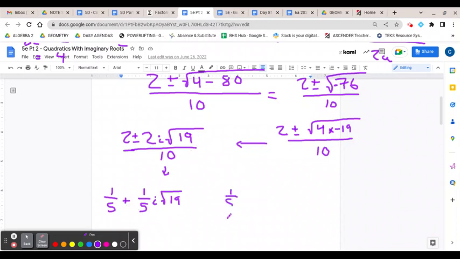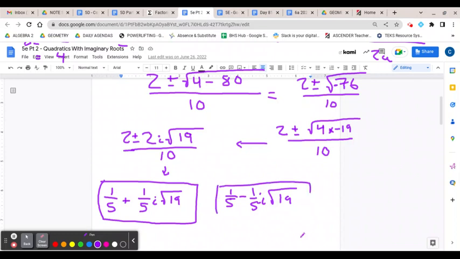So we could have 1/5 minus 1/5 i root 19. Those are our two final answers, our two final roots with these imaginary numbers right there.